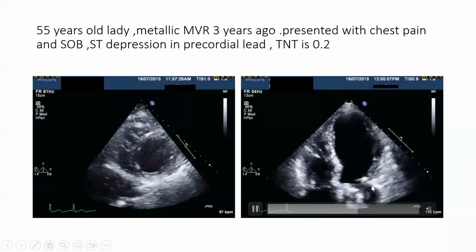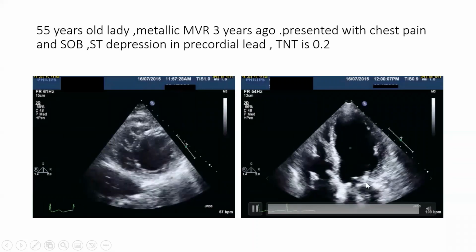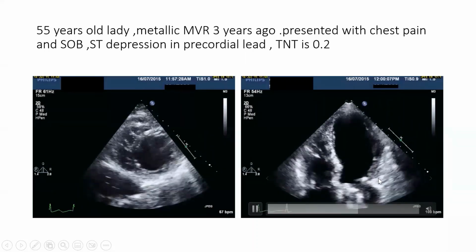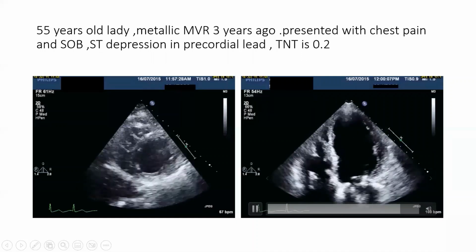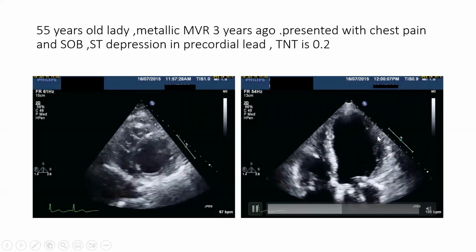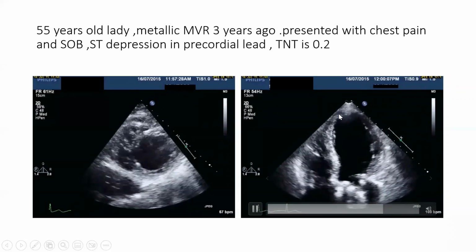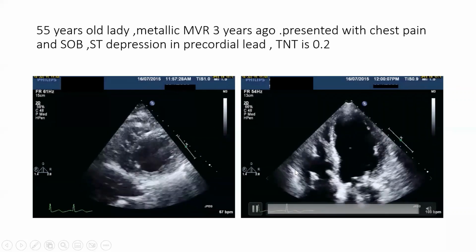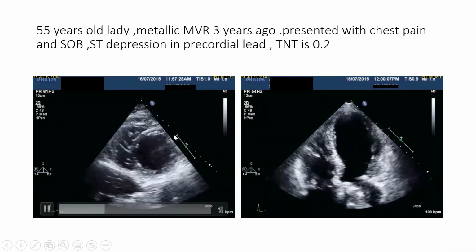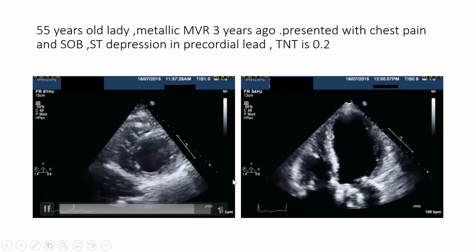You see the metallic valve here. It looks like the first picture we showed as a warm-up. Again, you see that this lateral wall is akinetic, and the apex and the inferior septum. Towards the apex, we have severe hypokinesis.